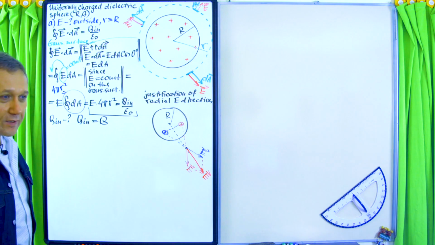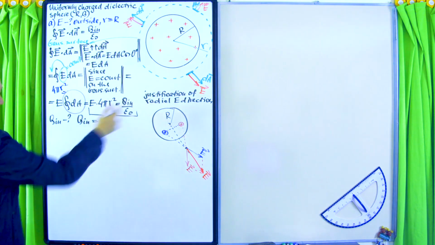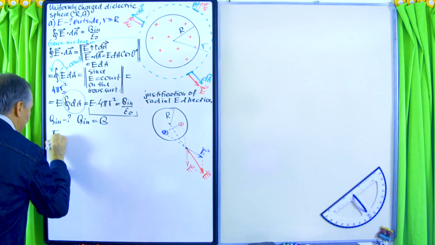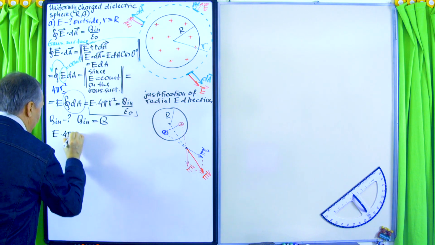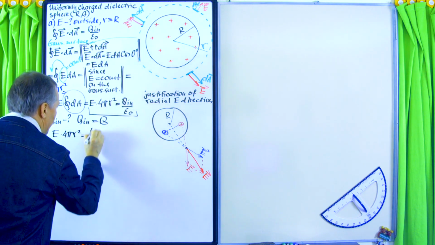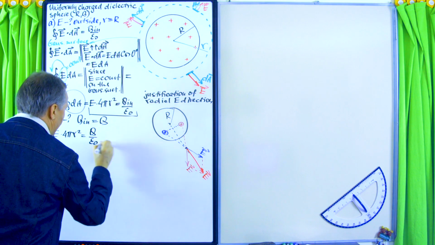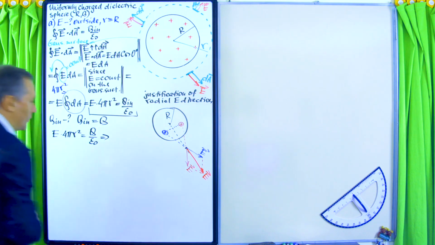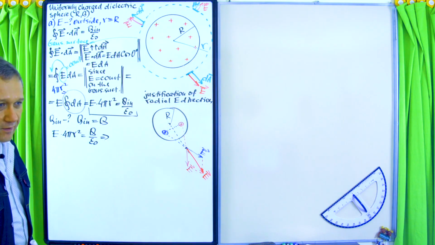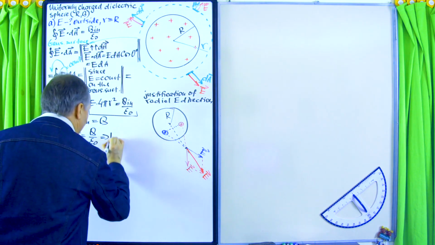Okay, so now basically we're almost done. Let me just rewrite it in terms of Q. So it will be E times 4 pi R squared equals Q divided by epsilon naught. So now that can be solved finally, and that will be our final expression.